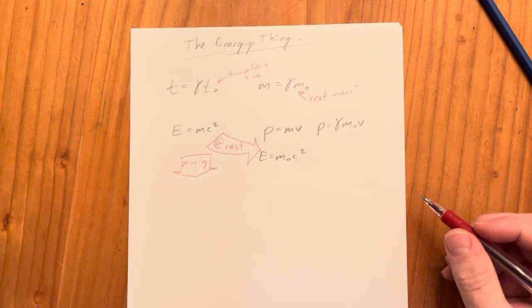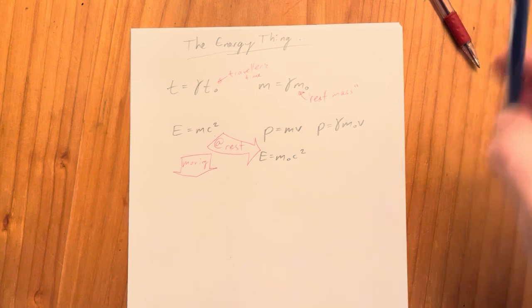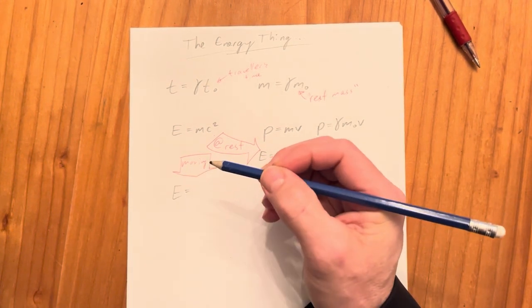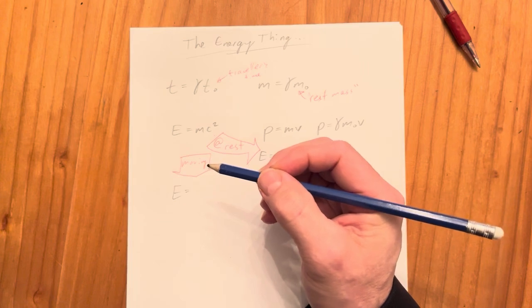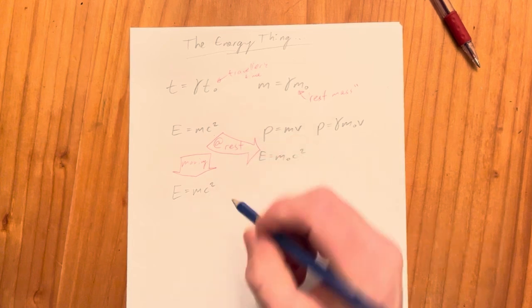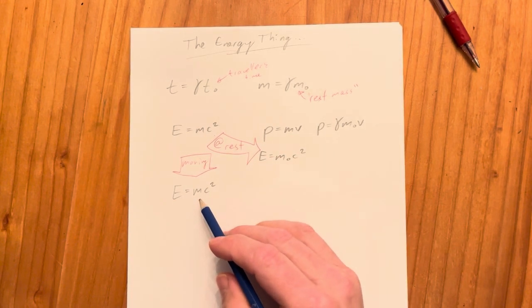then it's going to be a little bit different. It's going to be E equals mc squared, but m is now gamma m naught, right?